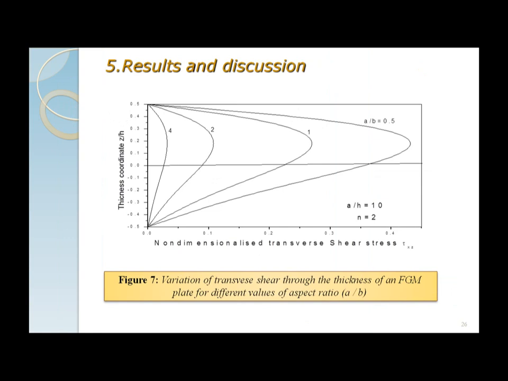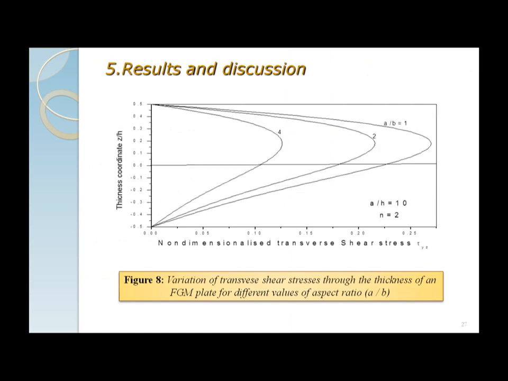Figures 7 and 8 show the variation of transverse shear stress through the thickness of an FGM plate for different values of aspect ratio a/b. As the strain gradient increases, the inhomogeneity plays a greater role in the stress distribution calculation.